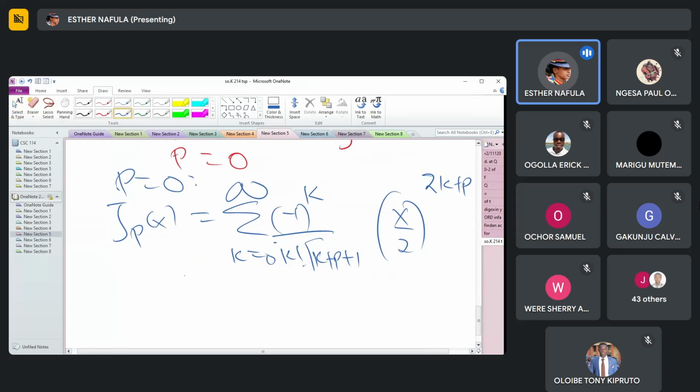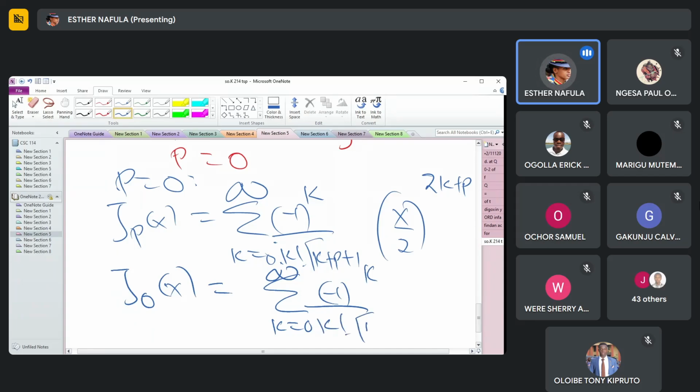So when p is 0, J_0 of x will be given by the summation from k is 0 to infinity of (-1)^k divided by k factorial gamma of k plus 0 plus 1, just gamma of k plus 1, times (x/2) raised to 2k, since p is 0. J_0 of x will be given by this.